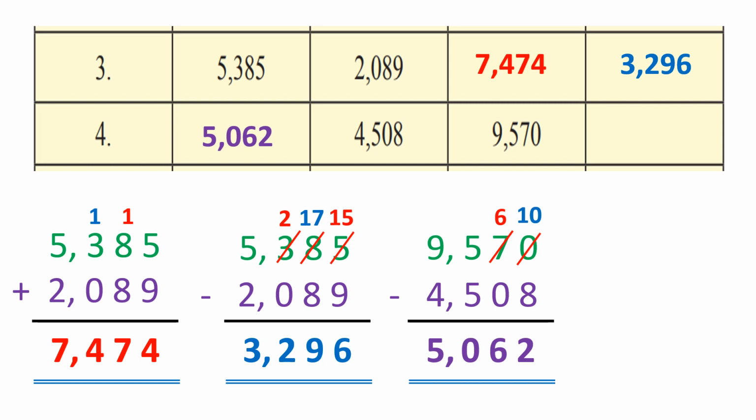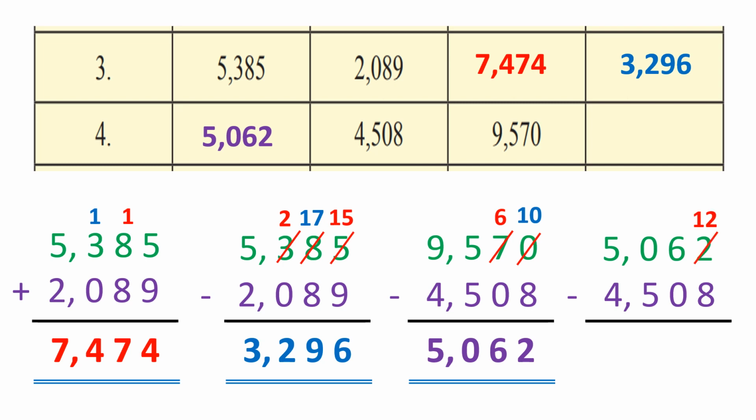You write here 5,062. And for the difference, you subtract 5,062 minus 4,508 for the second number. You have the difference. First, 2 minus 8 cannot be, so you borrow here from 6, becomes 12. 12 minus 8 is 4. 6 here becomes 5. 5 minus 0 is 5.